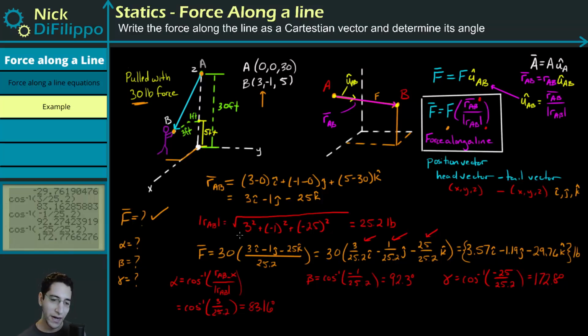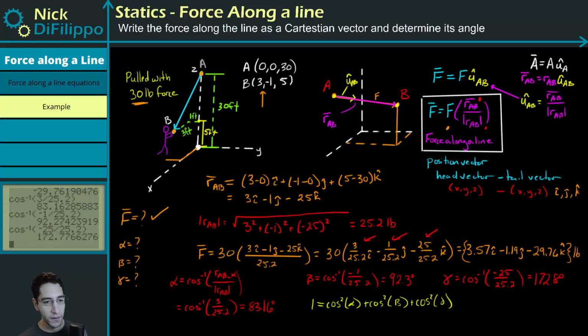Now we can check if these were valid. If you remember, 1 is equal to the square of the cosine of alpha plus the square of the cosine of beta plus the square of the cosine of gamma, if we wanted to do this check. So here we need to get this to be about 1. It's not going to be exact because we were estimating.